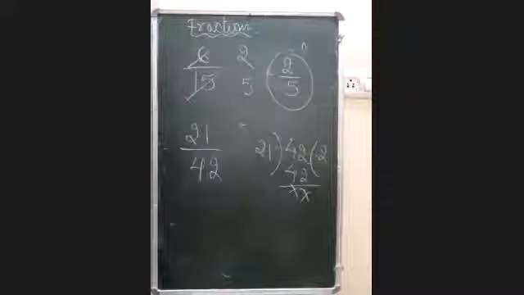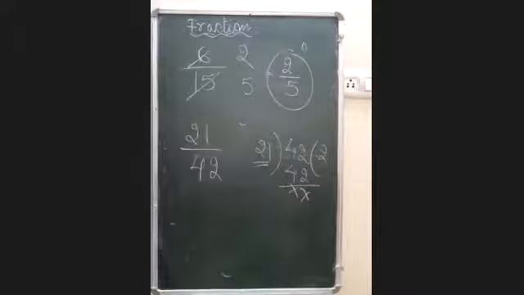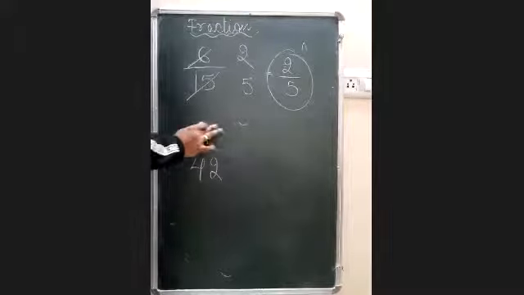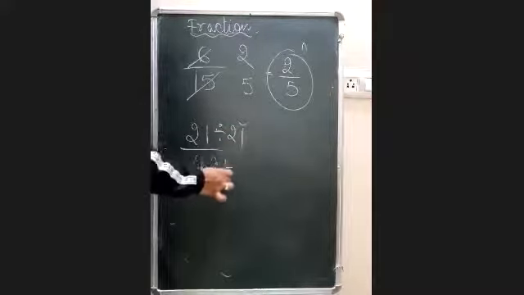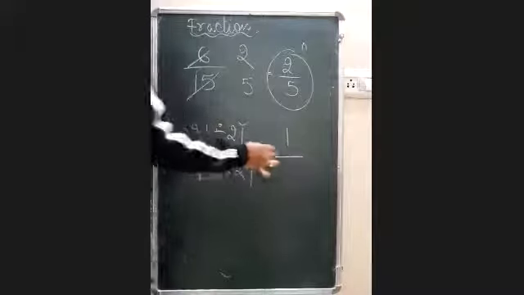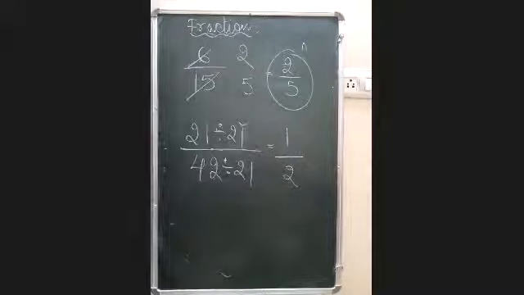Now you can see the HCF is 21, because 21 divides 42 completely. Now we will divide numerator and denominator both by 21. 21 divided by 21 gives 1, and 42 divided by 21 gives only 2. So the answer would be 1 by 2.